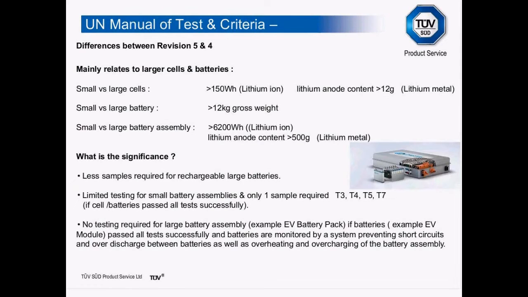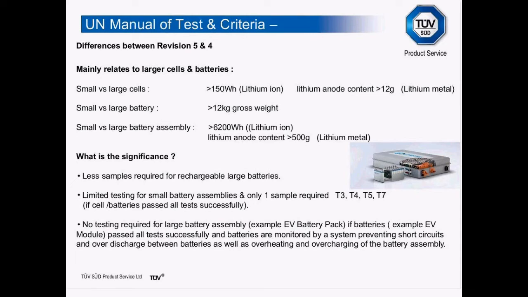Revision 5 of the UN Manual Testing Criteria came into force at the beginning of the year and mainly addresses the use of lithium-ion batteries and lithium batteries in large applications such as electric vehicles. So basically it introduced some new classifications.